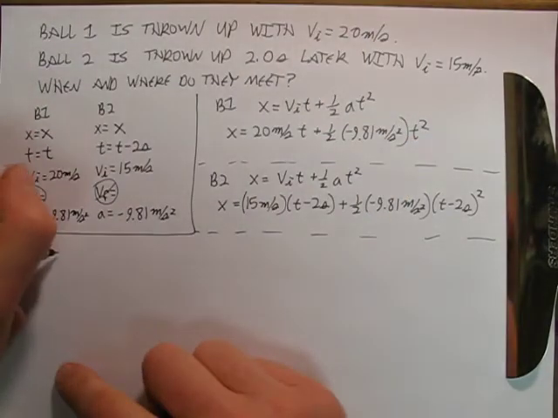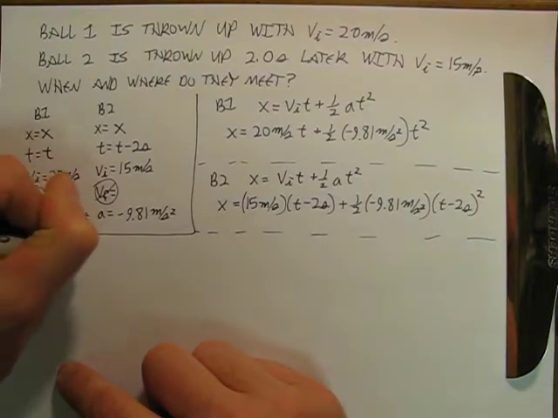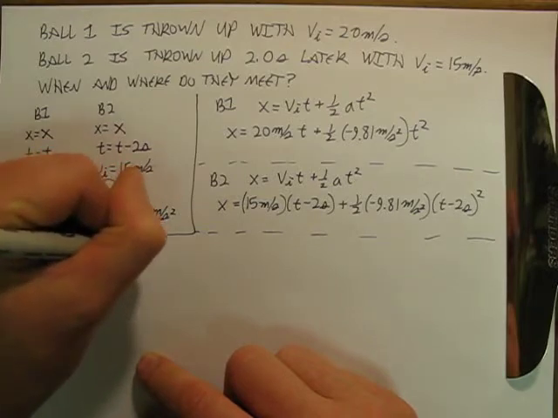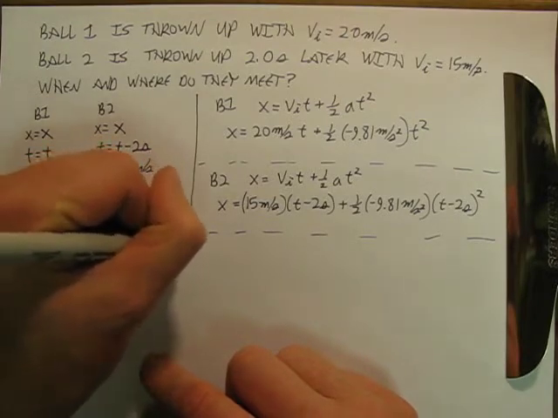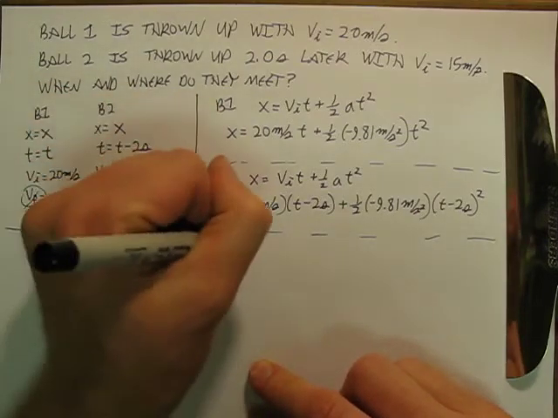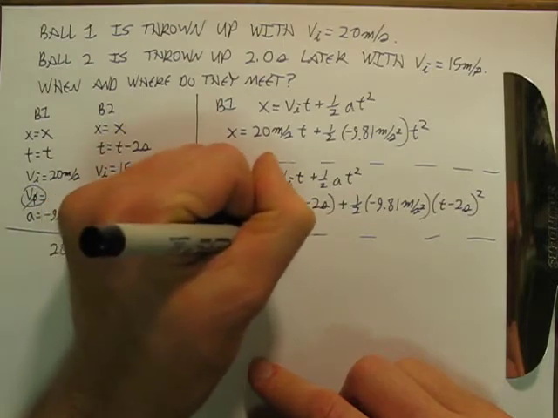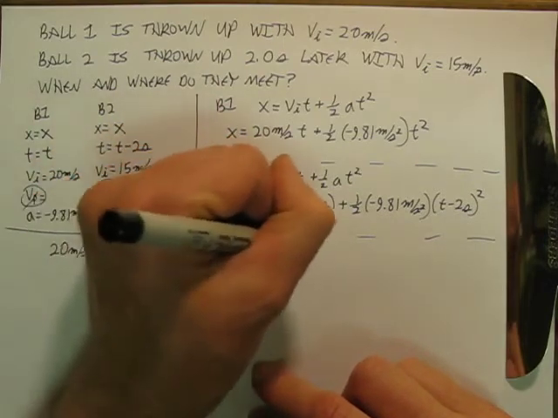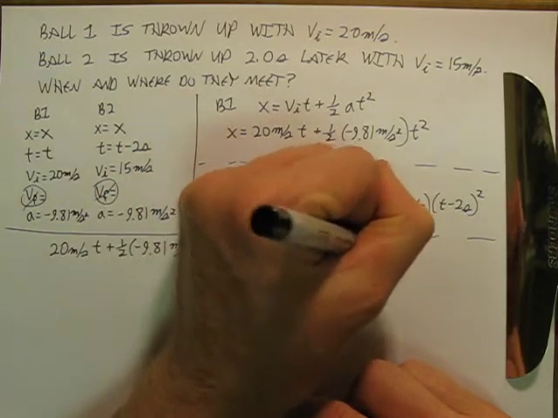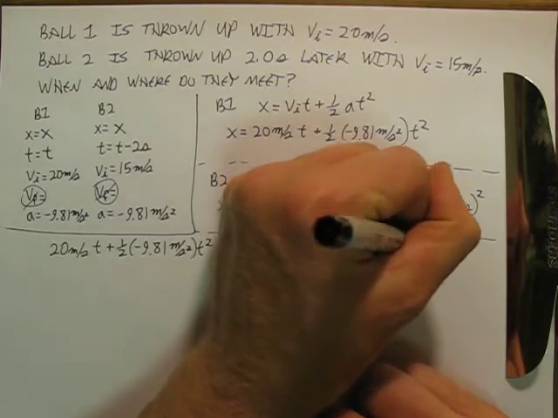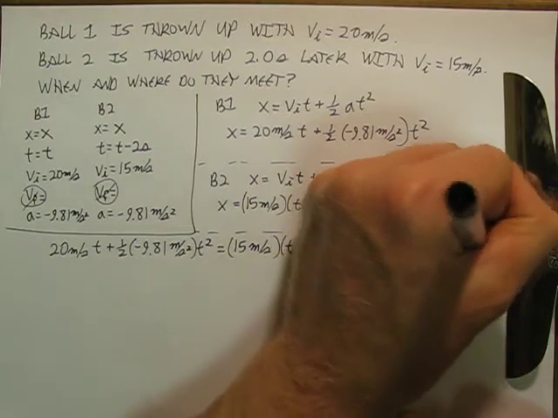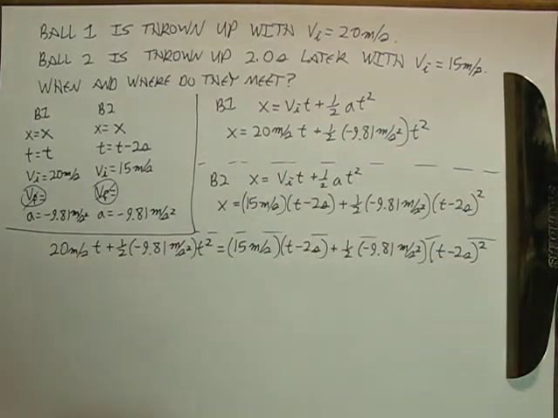So down here I'm going to write 20 meters per second T plus 1/2 negative 9.81 meters per second squared T squared is going to equal 15 meters per second times T minus 2 seconds plus 1/2 negative 9.81 meters per second squared times T minus 2 seconds, squared on the outside there.